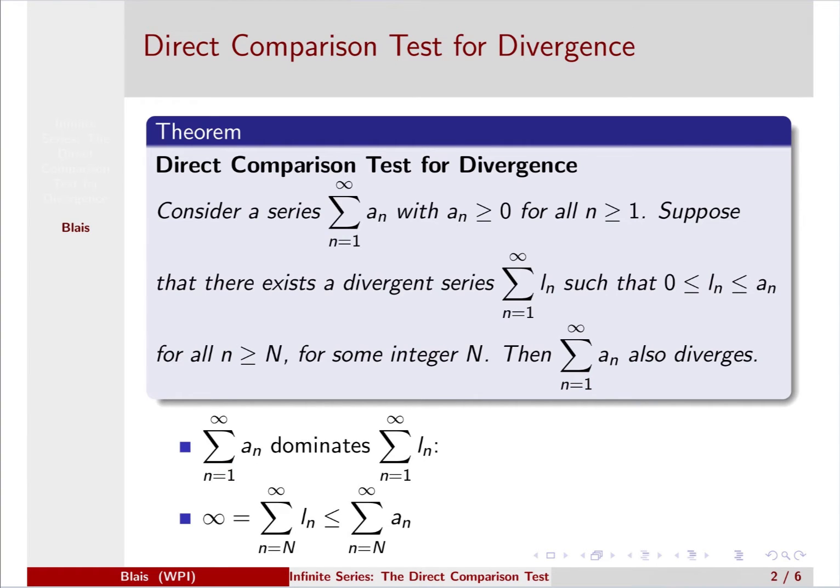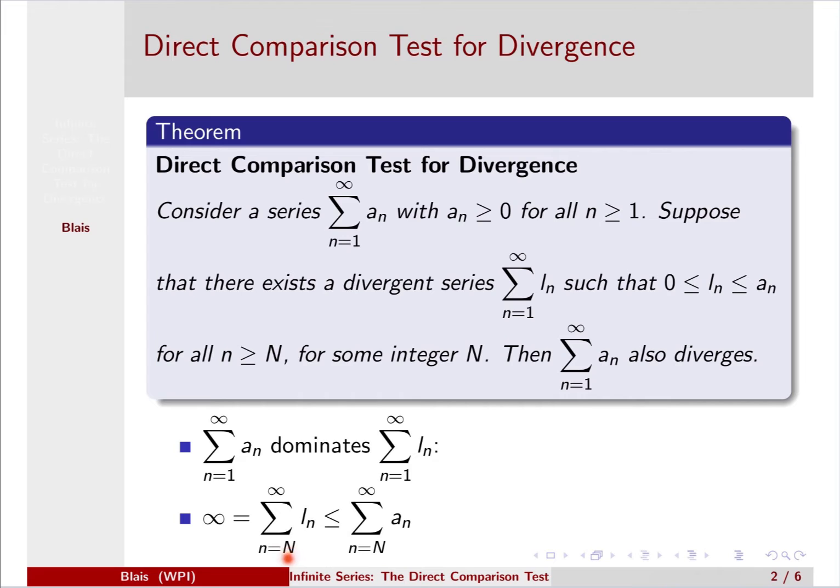Put another way, the given series of a sub n dominates the smaller series of these lower terms, L sub n. And summarized here, your series going from n equals capital N to infinity of these L sub n's, these lower terms, we're saying that that's a divergent series, so it's infinite, and our series is bigger.